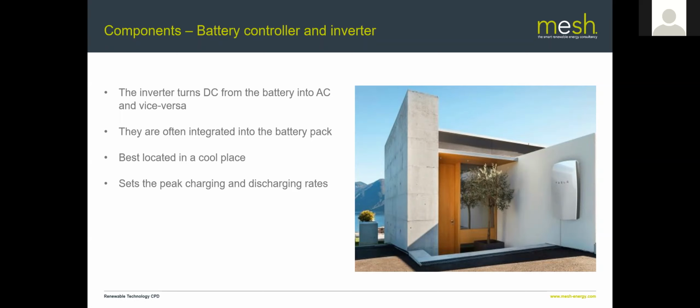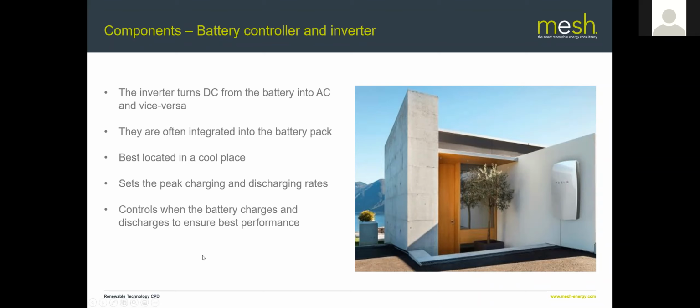If you want more water than that, you'd have to put a bigger pipe and a bigger tap on. The inverter acts a bit like that, because you've got a reservoir of electricity in your battery, but that doesn't mean you can get that electricity out at an infinitely fast rate. Different battery controllers and inverters will have different peak outputs.